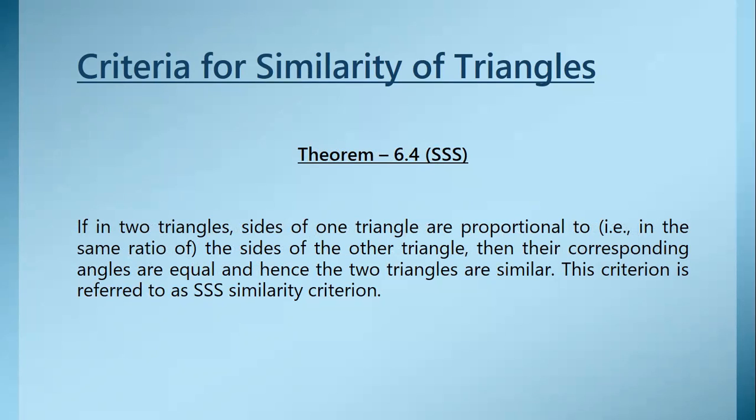So note that though it looks the same, SSS similarity, but here the sides have to be proportional. If the sides are proportional, then the angles will automatically be equal. So therefore, these two triangles will be similar.